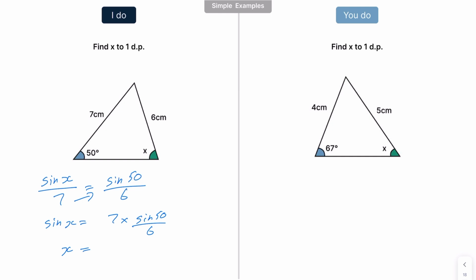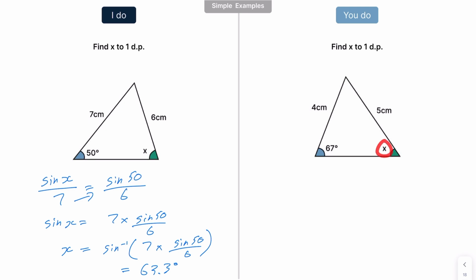To get x on its own, we do the inverse. So that becomes sine inverse, and then bracket 7 sine 50 over 6. That is how you type that into your calculator. And when you do type that into your calculator and you press enter, you will get a value of 63.3 degrees for the angle.